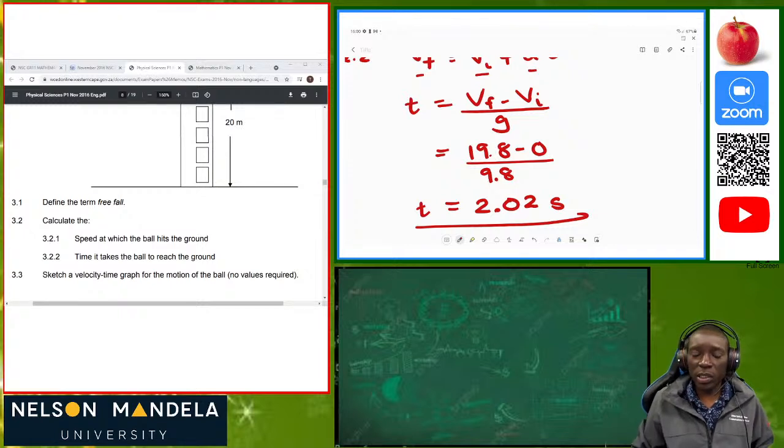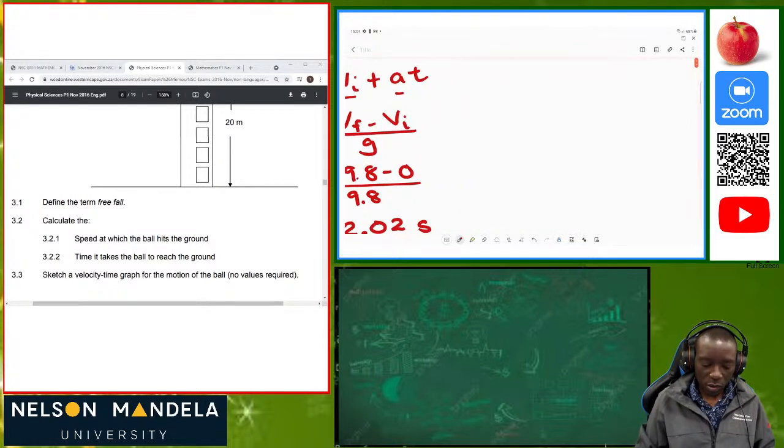So it is important that you look at the vertical motion of that projectile individually, then also look at the horizontal motion separately. Then you can combine the two to come up with your final answer. It should always be a straightforward thing. Okay, so let's just proceed to the next part.